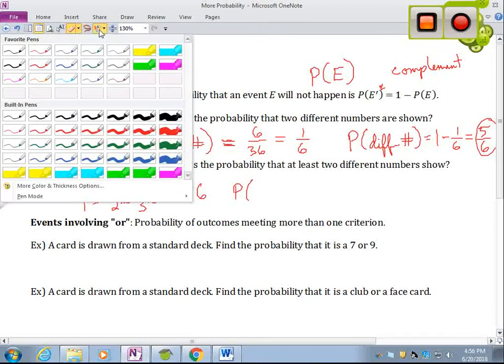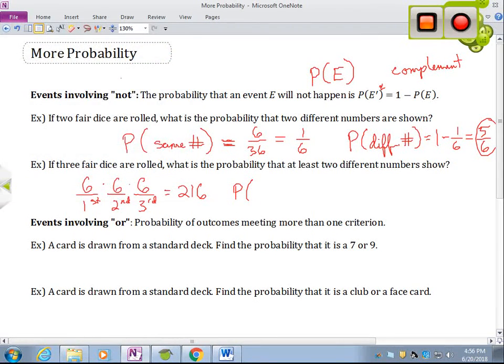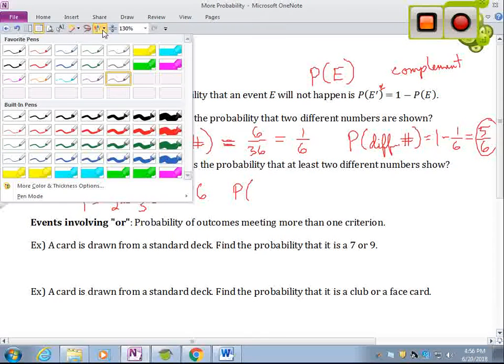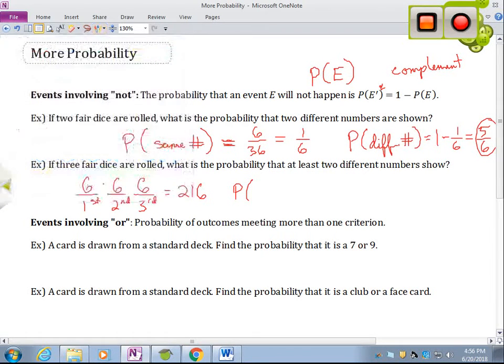I'm just going to write, what is the probability they have not the same numbers? Sorry. Notation there, the label there doesn't really matter so much, but I know it's going to be 1 minus the probability that they are the same, which is 6 out of 216.